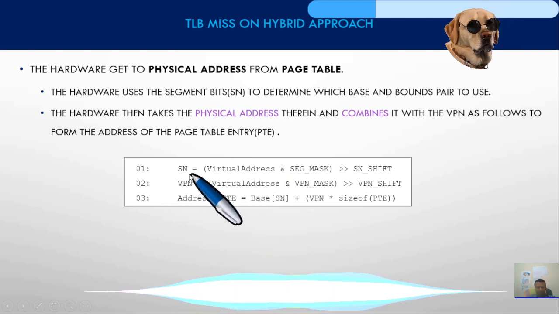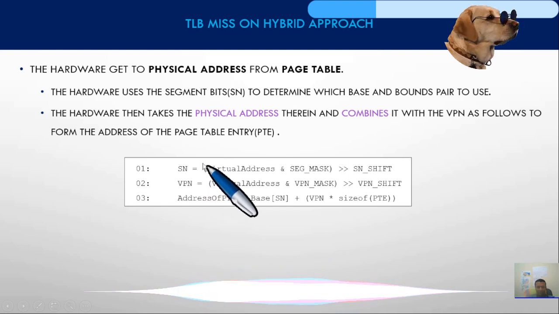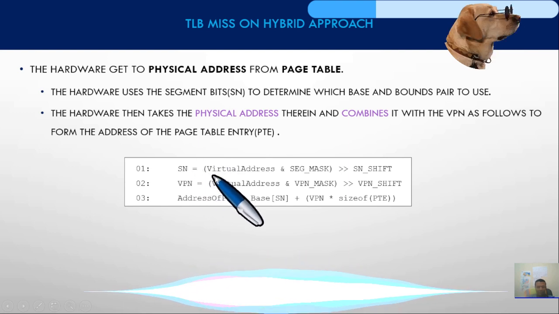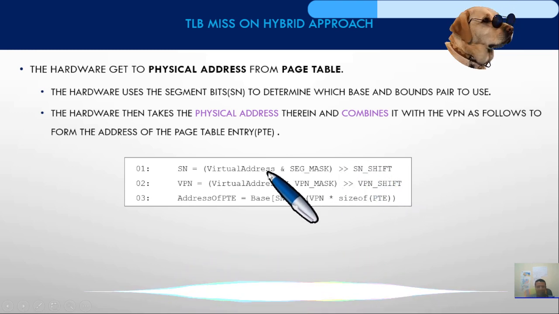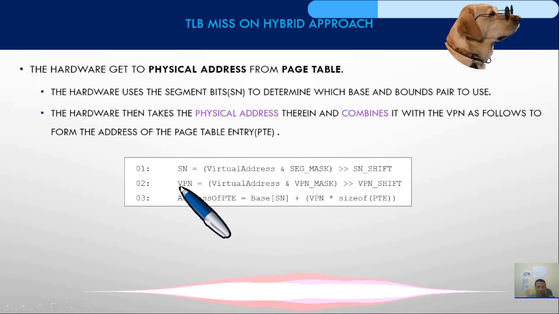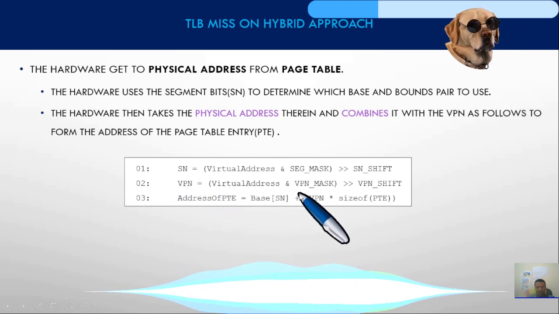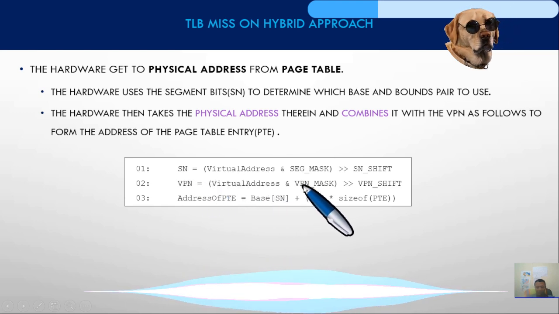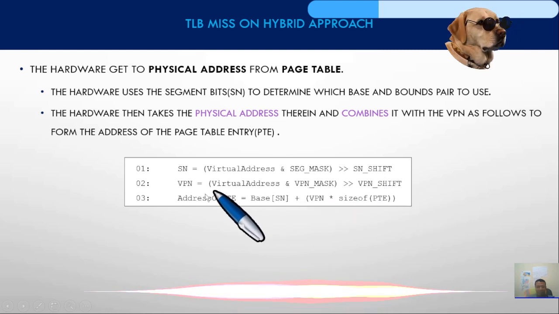So as you can see in our code, we have the SN, the segment number. Through the segment number we get the virtual address, and with the segment mask we mask it and apply the segment shift. Second, once we have the VPN from the virtual address, we apply the VPN mask and again the VPN shift.